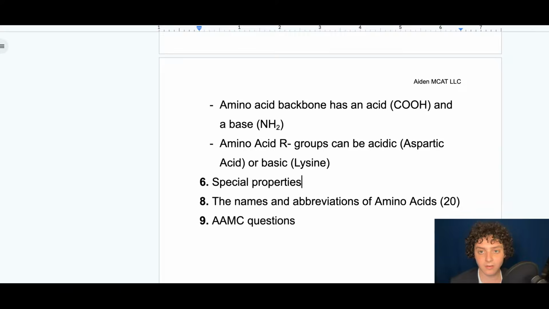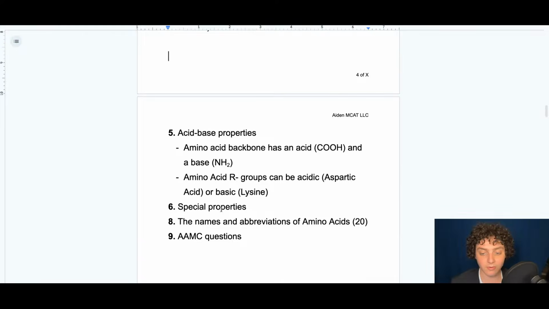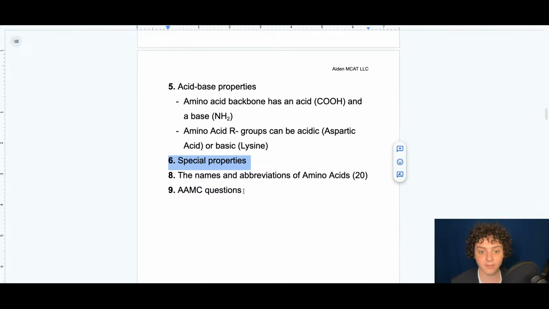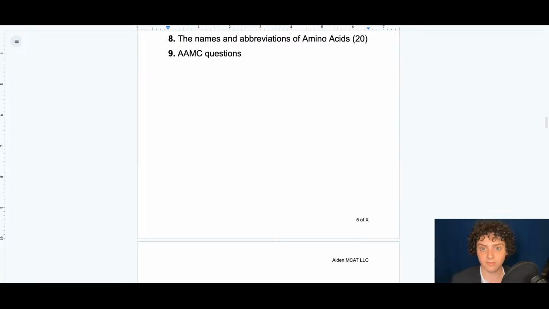So rather than just being relegated to acid-base properties, amino acids also have special properties. Now, these go far deeper than the medical college admissions test is going to test, but there are a few that are commonly tested and also foundational.